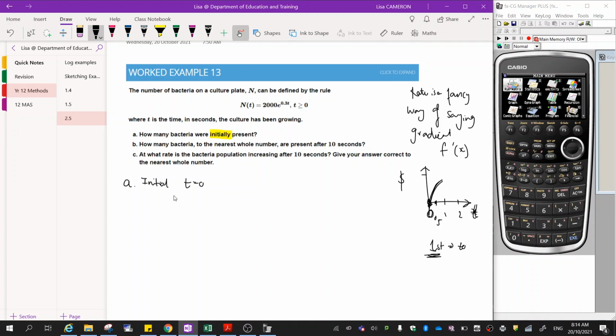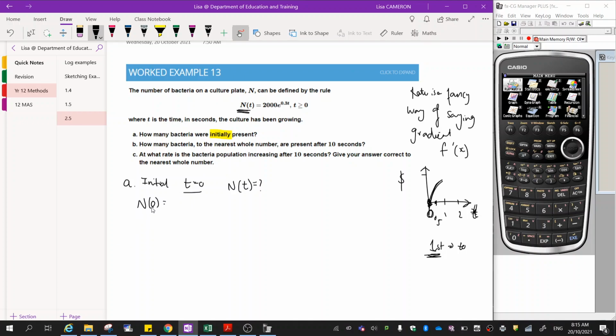All right, so how many bacteria were initially present? Now, the next thing that I've got to decide is what kind of function am I substituting it into? Now, I want to find the number of bacteria that are present. So that means that when time is 0, what is the number of bacteria present? So I want to substitute it back into our normal equation. So N, now to show that I'm substituting in 0 as T, instead of writing the T here, I'm going to substitute in the 0.